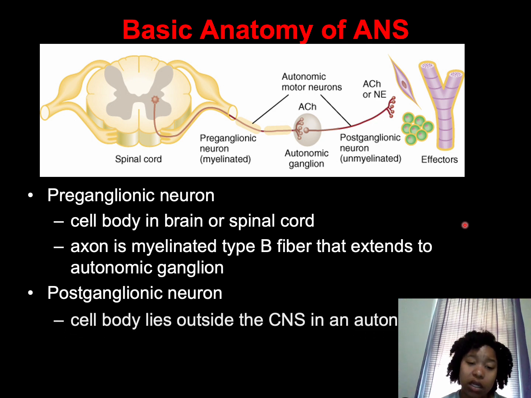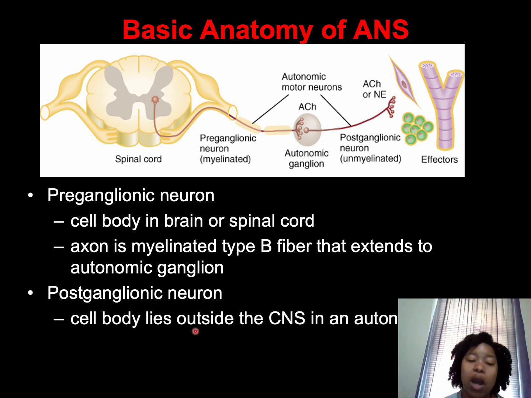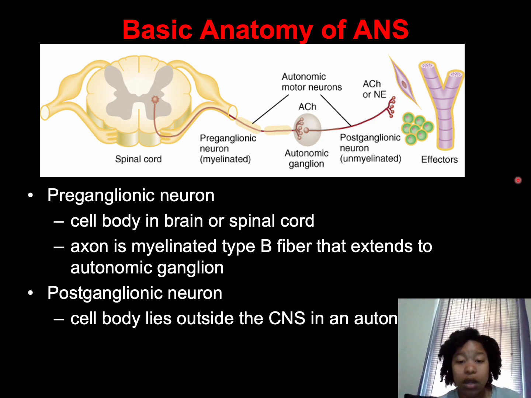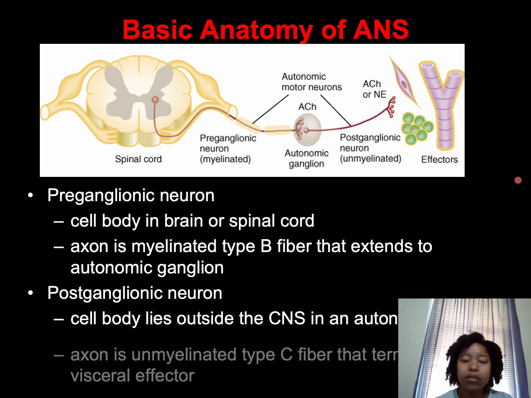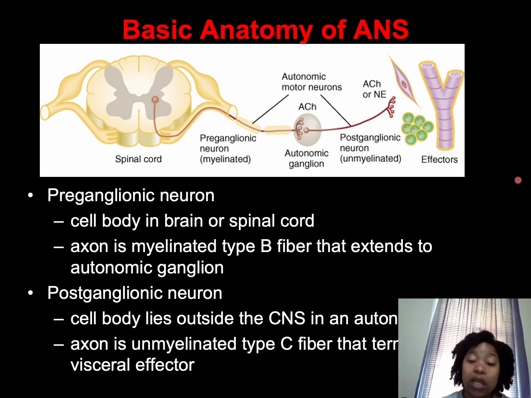The postganglionic neuron is where the cell body lies outside the CNS in that autonomic ganglion, right? And this axon is unmyelinated, and it's a type C fiber, and it winds up going to a visceral effector. So you can see that in this image where this preganglionic fiber's cell body is here in the spinal cord.